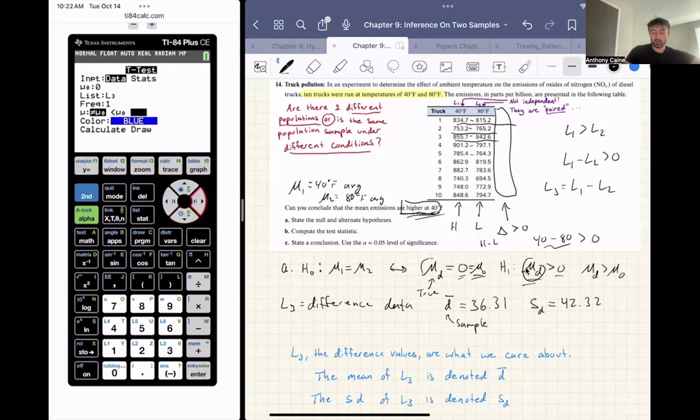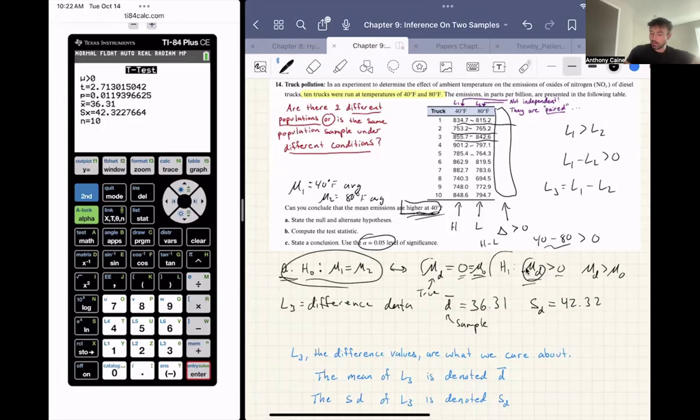So now we hit calculate. There we go. We have a p-value of 0.0119, and that's going to beat out our alpha value of 0.05. So if I were to fully do this problem, part A, our statements are this and this.